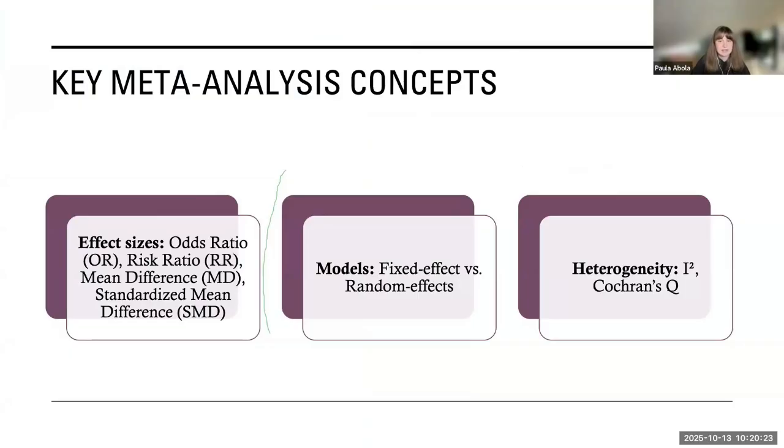First, we need effect sizes. For binary outcomes like treatment success versus failure, we might use odds ratios or risk ratios. So you've probably heard of these. For continuous outcomes like symptom scores, in my case, it was motor symptoms for Parkinson's, we use mean differences. Let's say you had a motor symptom score of 3, and after the treatment, it was 1.